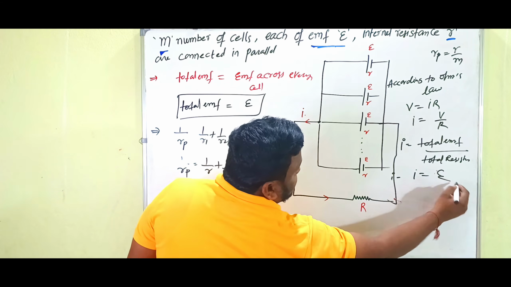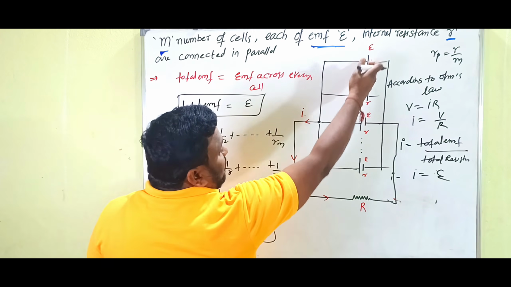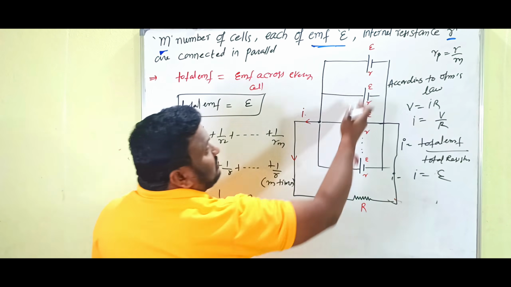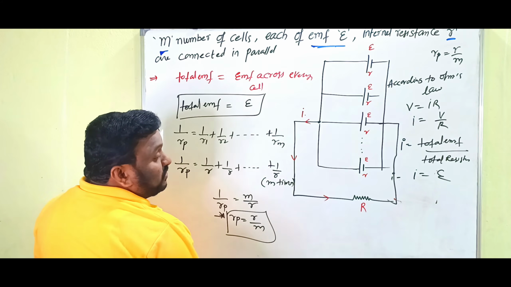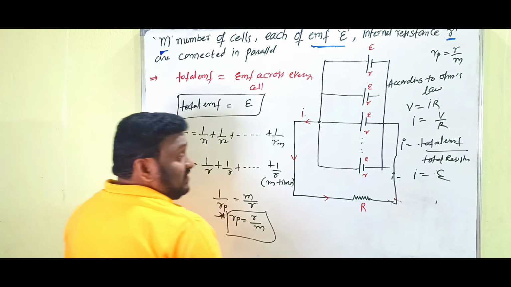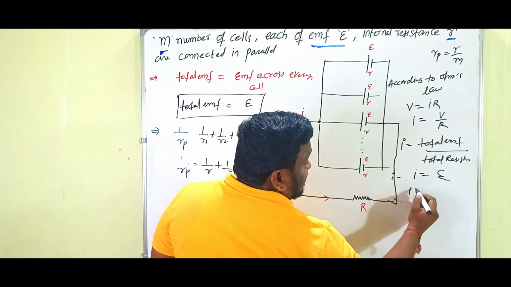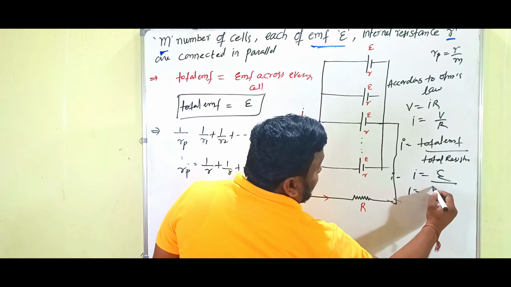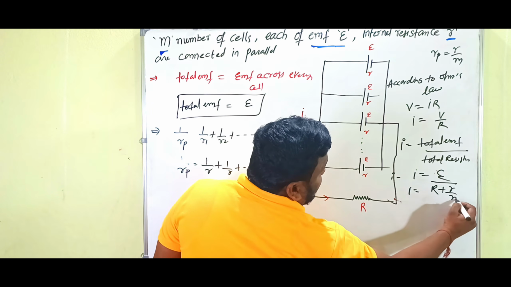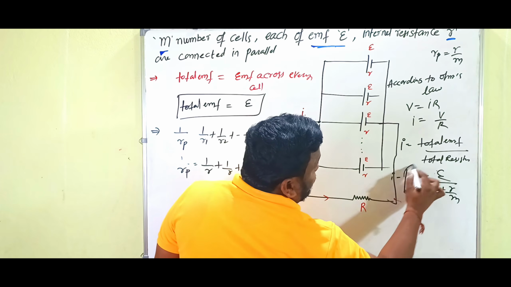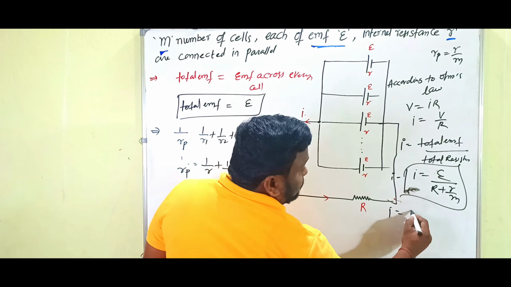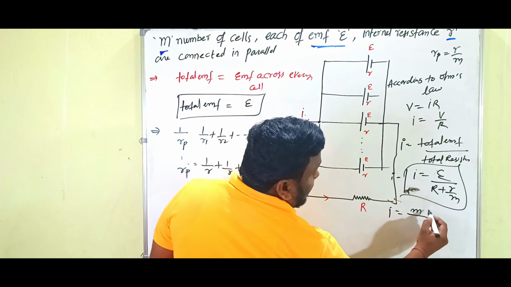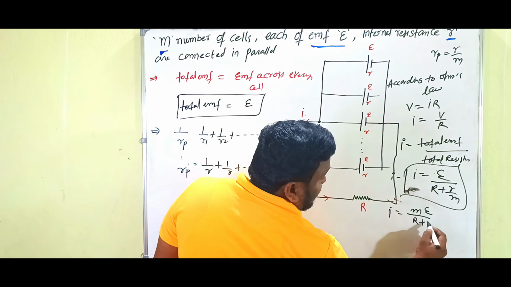I is equal to epsilon by, here, r by m, which is the resistance of the combination, and R is our extra resistance. These two are in series. So I is equal to epsilon by R plus r by m. Then I is equal to m epsilon by mR plus r.